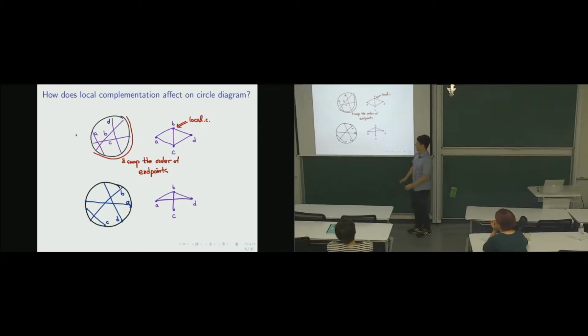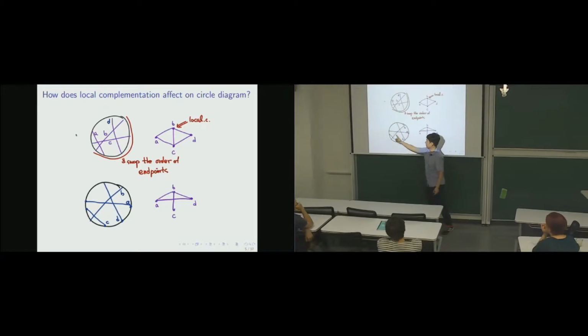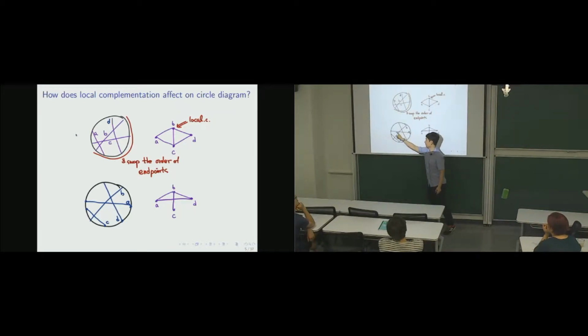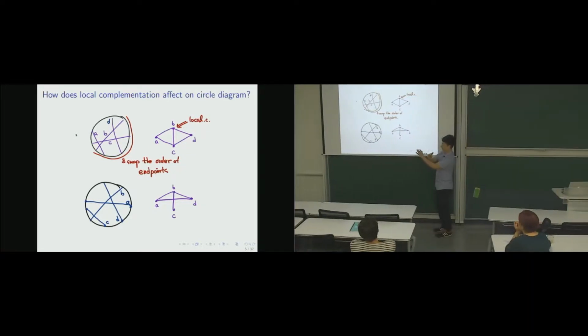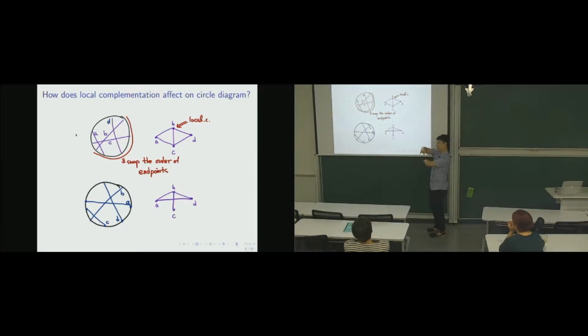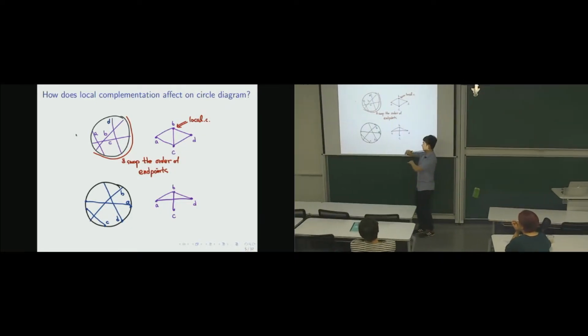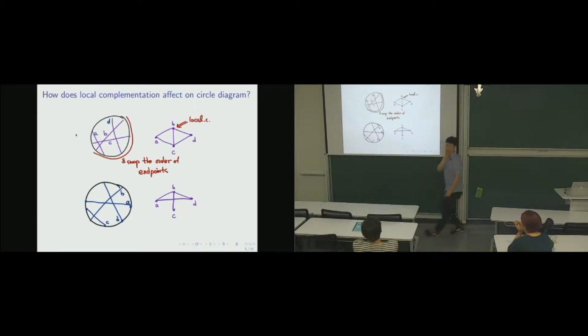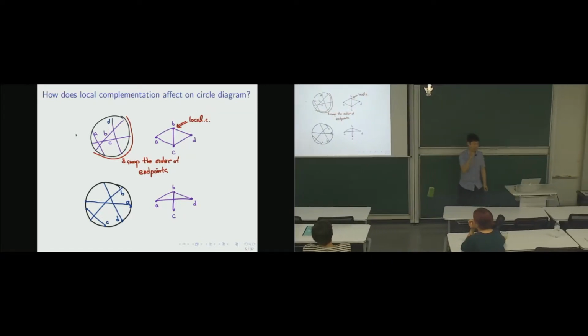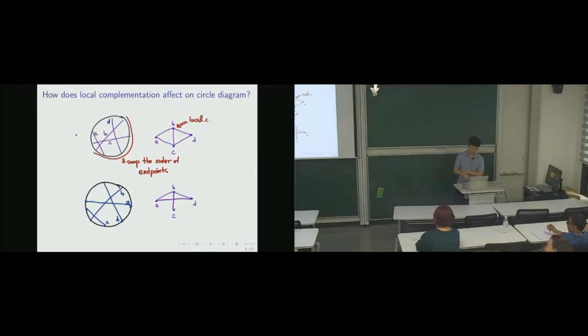But what you can see is that if you look at the neighborhood of B, which means the chords crossing into these two parts, previously they were adjacent, and then this becomes a non-edge because in one part you changed the order. And previously there was no edge, and then they become an edge after applying it. So local complementation preserves this circle diagram, and so circle graphs are preserved by local complementation.